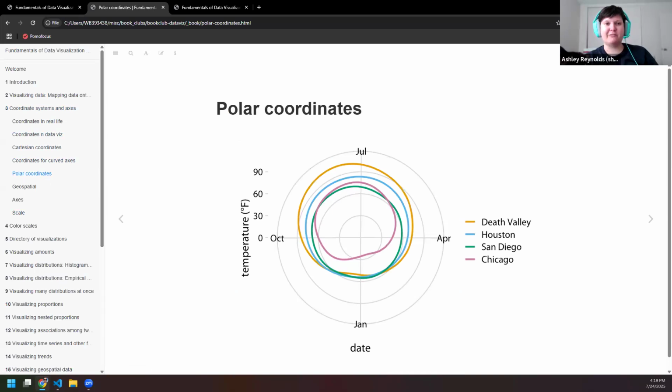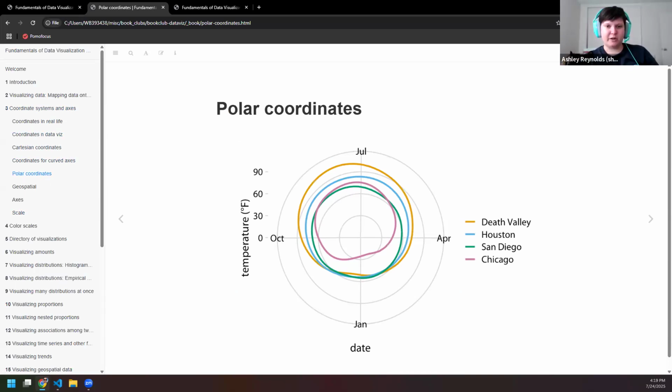So getting back to your issue with the lack of discussion of axes, something that might be helpful would be the conventions around different axis types.